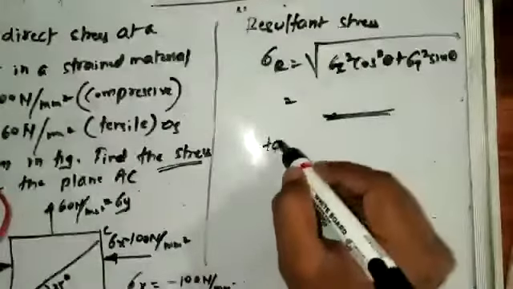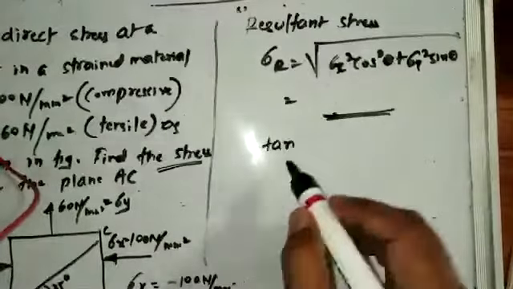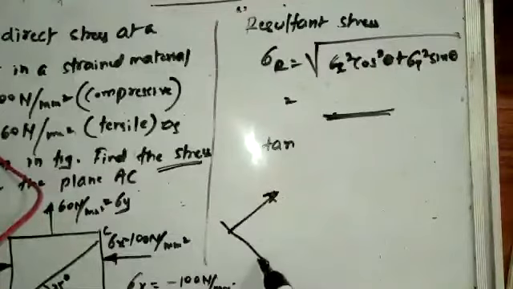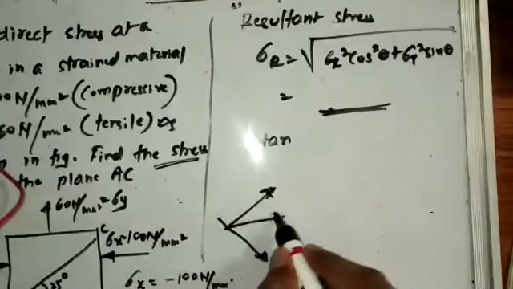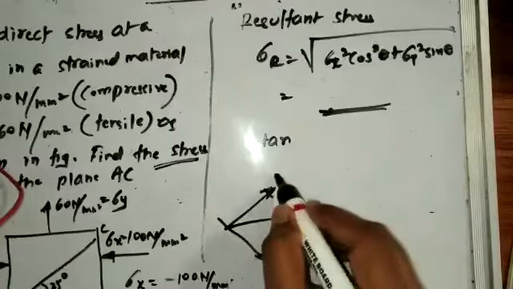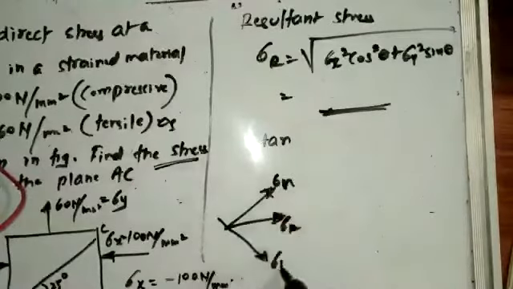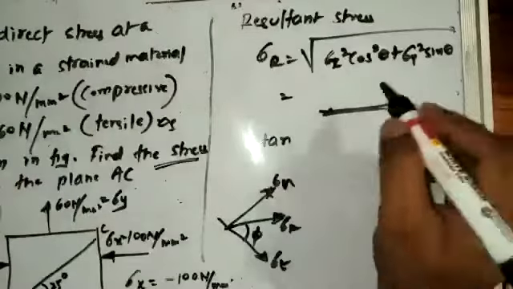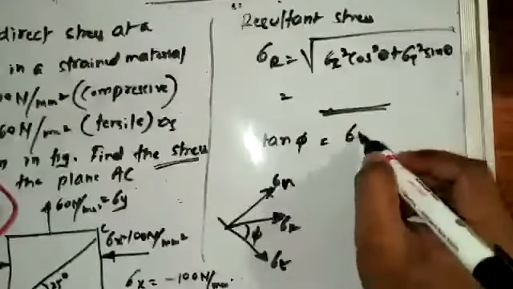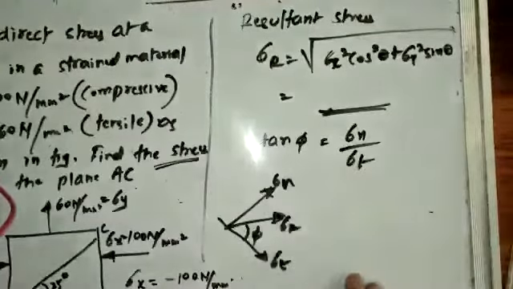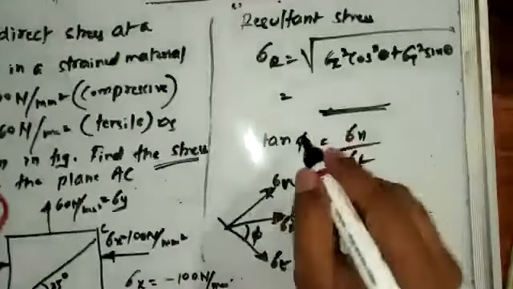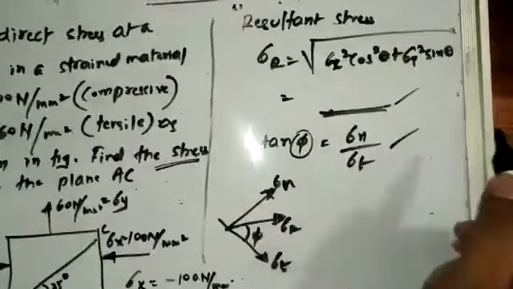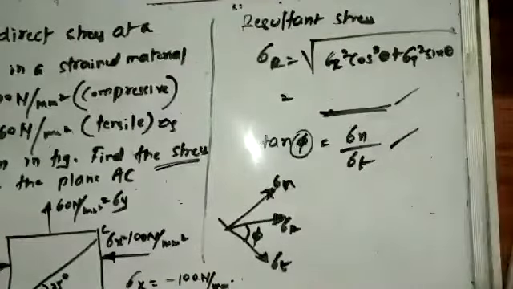How do you find the angle of the resultant stress? If the normal stress is like this, the tangential stress is like this, and the resultant stress sigma r is like this, then this angle is phi. So tan phi is sigma n upon sigma t, which gives you the angle phi. This is how you calculate the resultant stress and its angle. Correct.